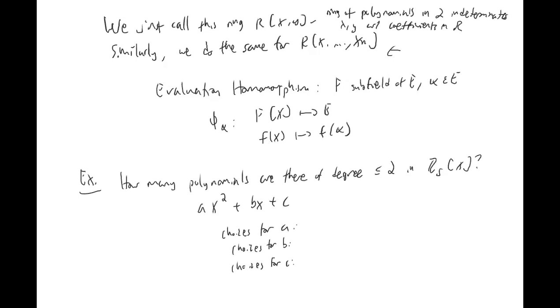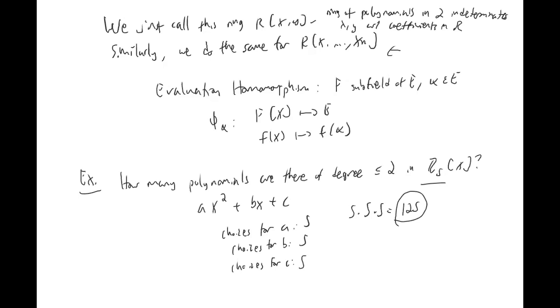We're in Z mod 5Z. What about b? 5. C? 5 again. So what is that? 125. Everyone clear on this? It shouldn't be that hard.